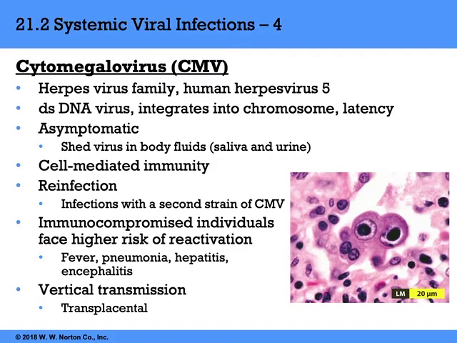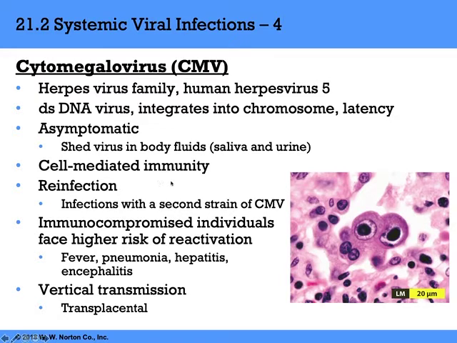Cytomegalovirus is another member of the herpes virus family. This is herpes virus 5, and it's a double-stranded DNA virus that can integrate, and can, as a result, go into what we call latency, meaning it can sleep inside our own genetic material for the rest of our lives. Often people with it are asymptomatic and can shed the virus in body fluids like saliva and urine.